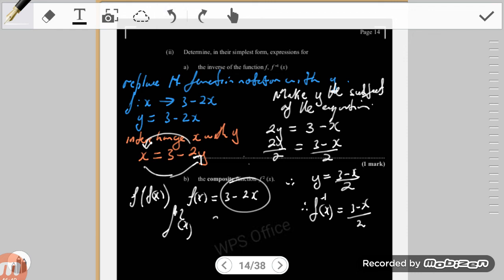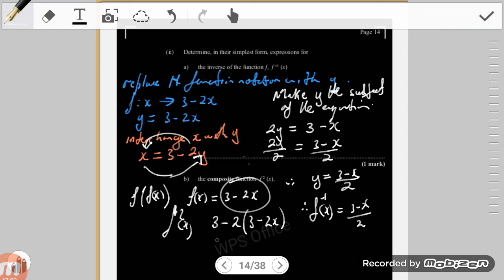So we're going to have 3 minus 2. We're not going to write the x. We're just going to replace the x with the function that you see that I've circled here. So that's going to be 3 minus 2x. So we're putting a function into a function. In this case, we're putting the function back into itself.